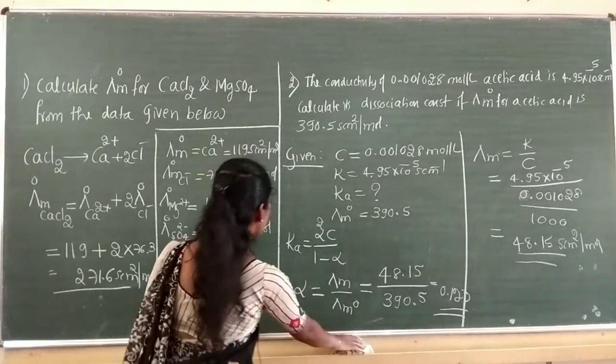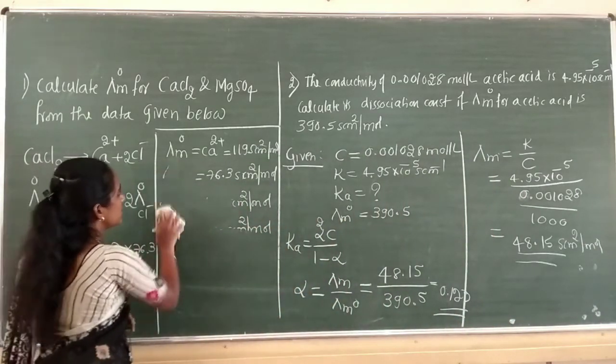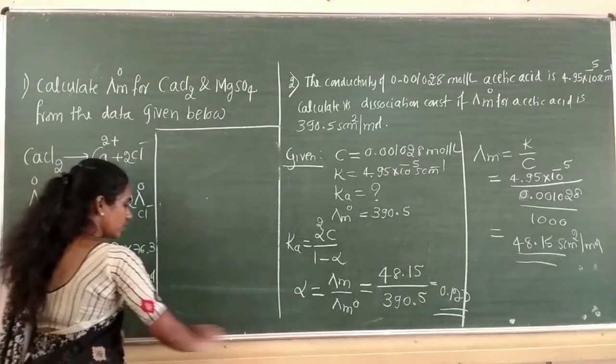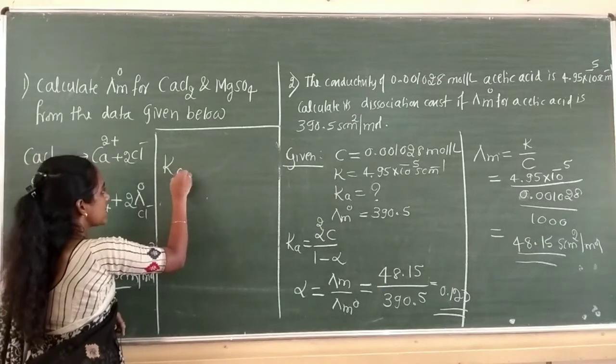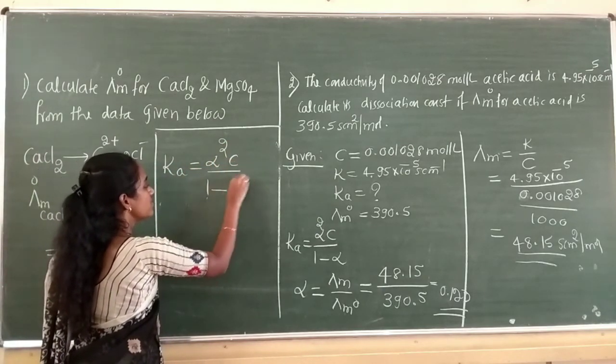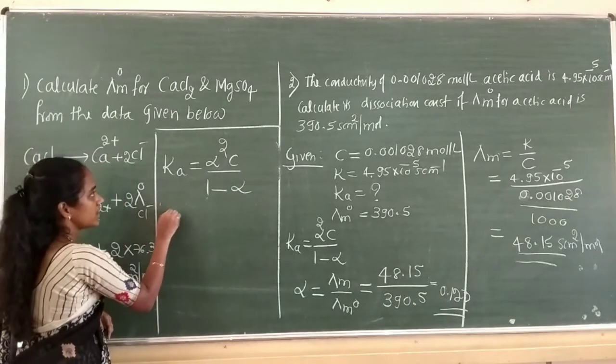Let us calculate the dissociation constant Ka by substituting. Ka is equal to alpha square C divided by 1 minus alpha. So what is alpha?